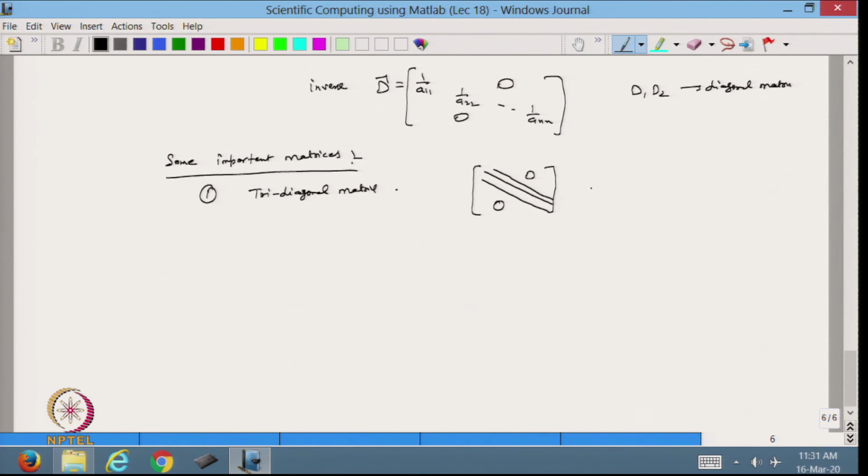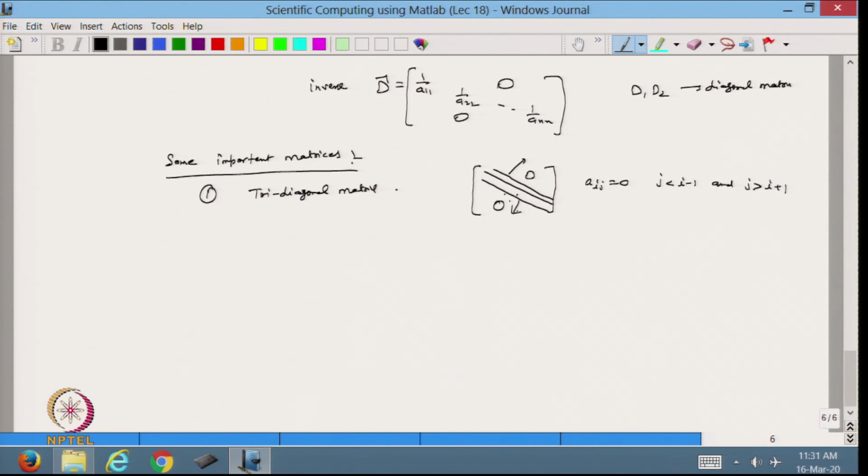We can define it as a_ij equal to 0 when j is less than i minus 1 and when j is greater than i plus 1. So, all the values a_ij are 0 when j is less than i minus 1, that is below this, and when j is more than i plus 1.